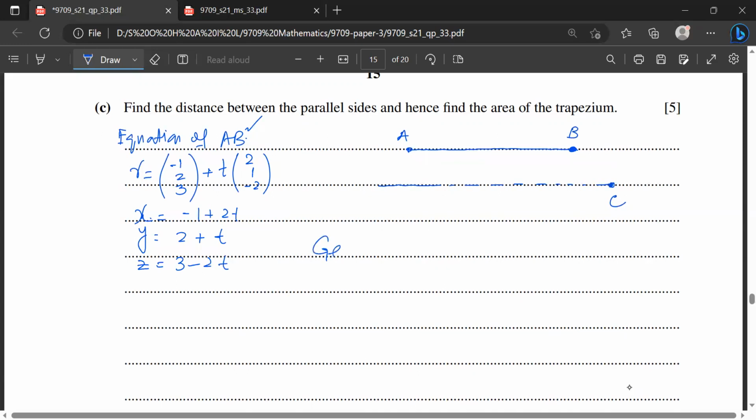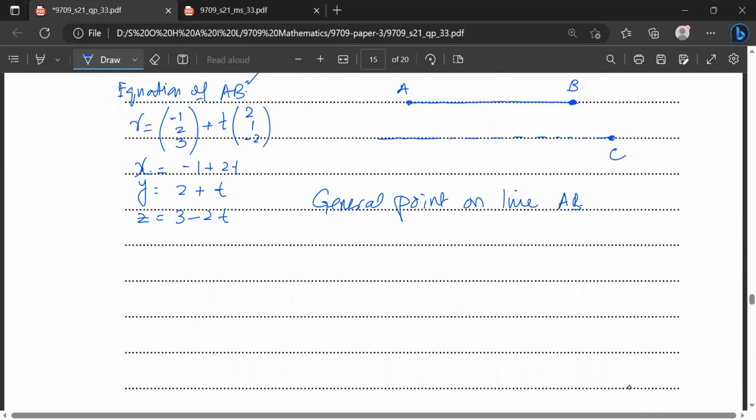So you can say that there is a general point on line AB. So the general point, I can label this point as P. P is equal to minus 1 plus 2t, 2 plus t, and 3 minus 2t.